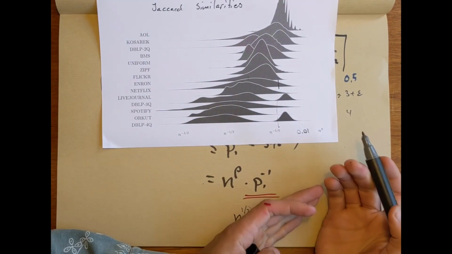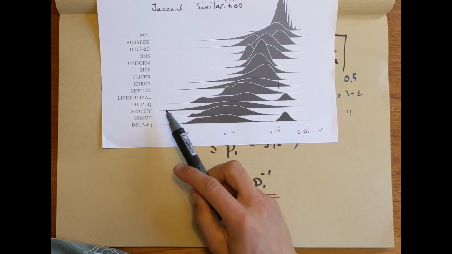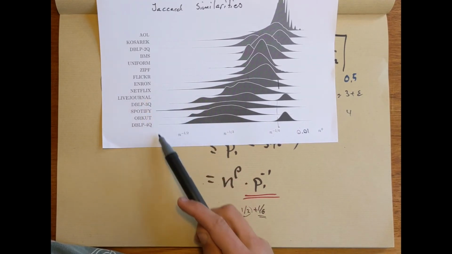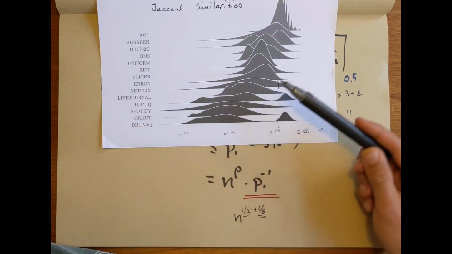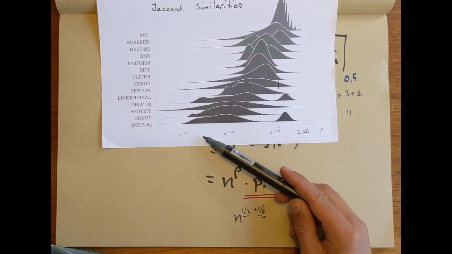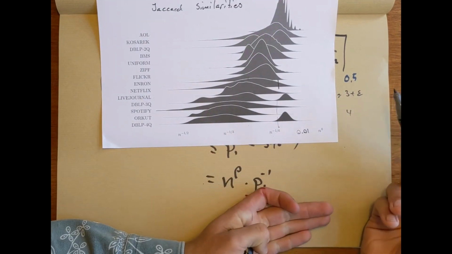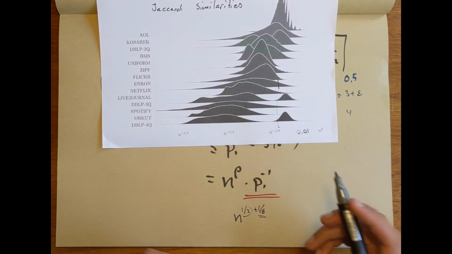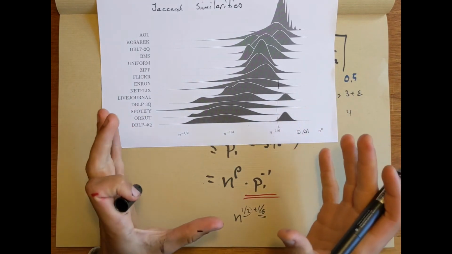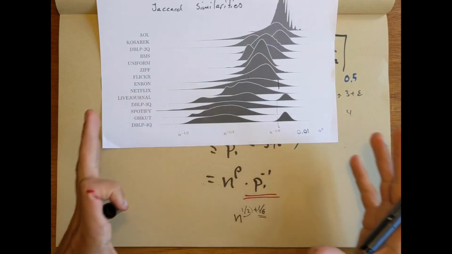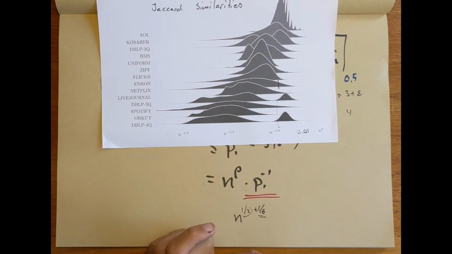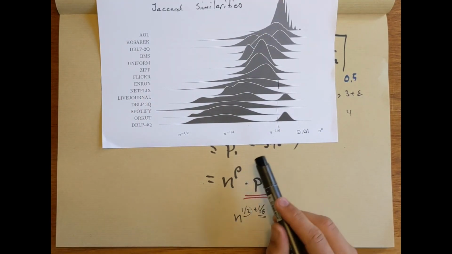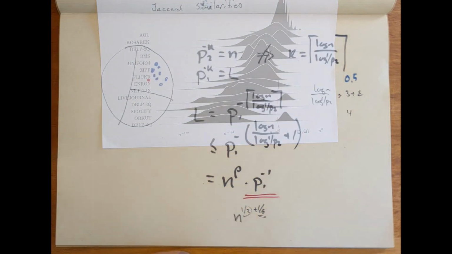But that's not actually what happened. When I did this plot, I got that some of the biggest data sets like LiveJournal, Spotify, and Orkut all have smaller similarities. Intuitively, this might simply be because there are so many points now in this space that if they're not all to end up in one big ball, they have to use more of the space. But this again shows how important it is to take into account this factor.